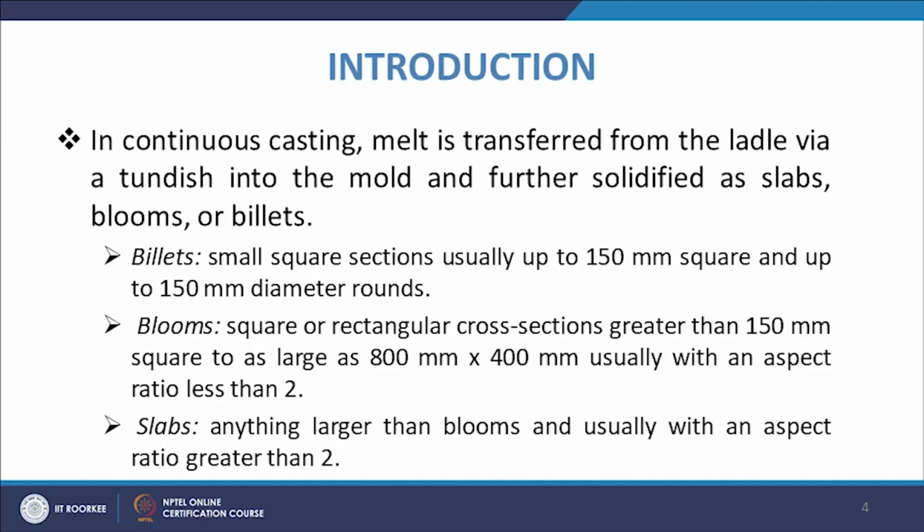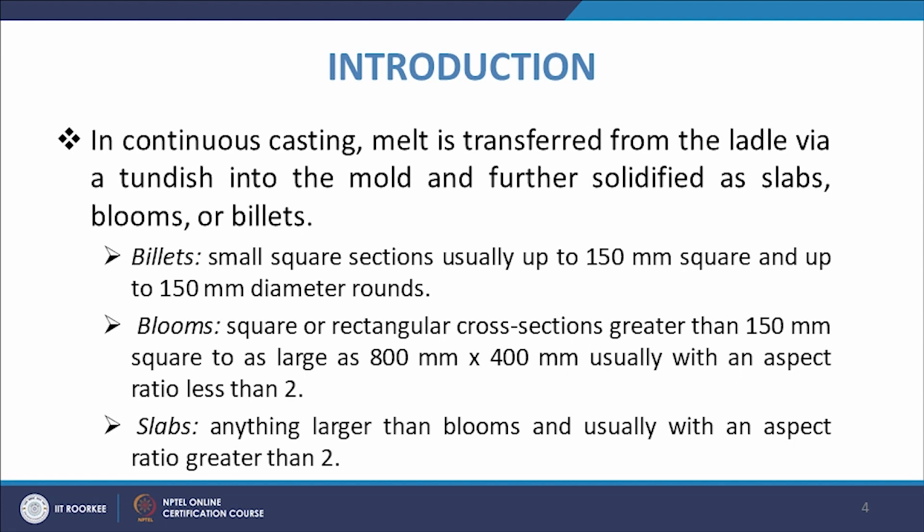Depending upon the dimensions, you define it as a billet if it has a small square cross section, usually up to 150 mm square and up to 150 mm diameter rounds. Blooms are square or rectangular cross sections greater than 150 mm square, as large as 800 mm by 400 mm, usually with an aspect ratio of less than 2.